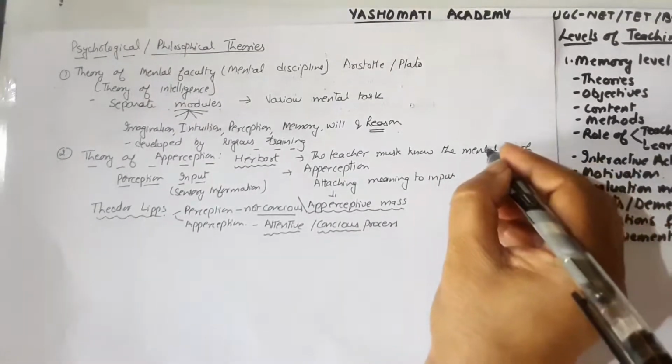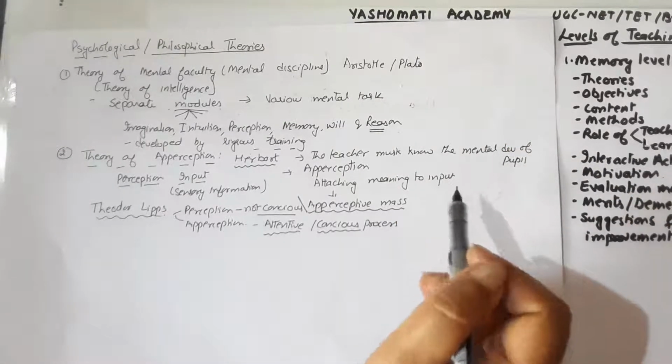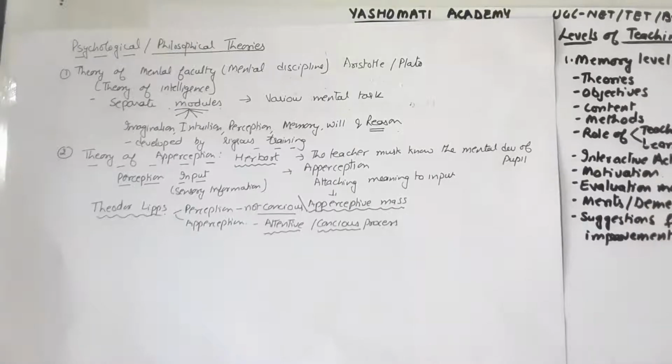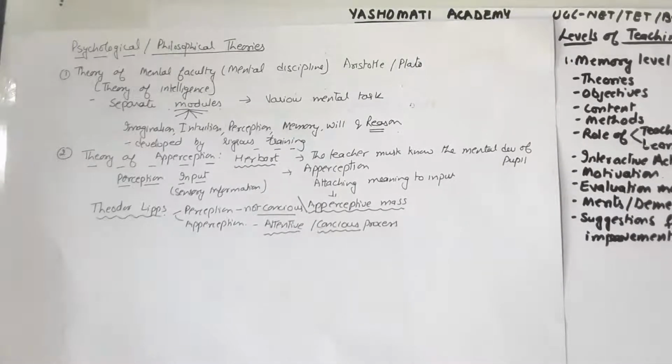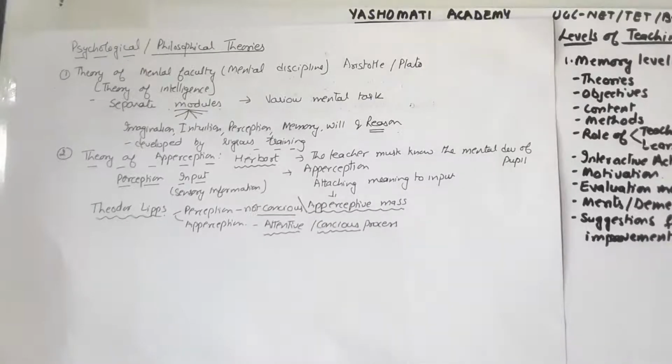Why? Because if the teacher is not familiar with the mental development, he will not be able to decide what kind of information is to be transferred to the learner. All information which is being transferred to the learner will be synthesized with the already present apperceptive mass.